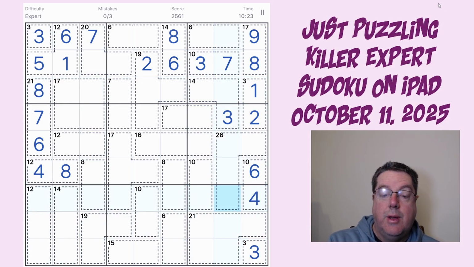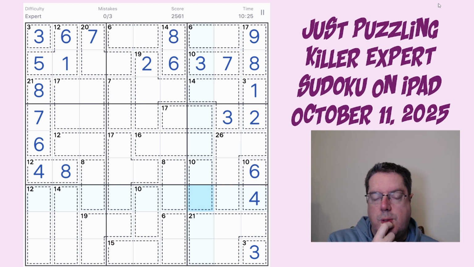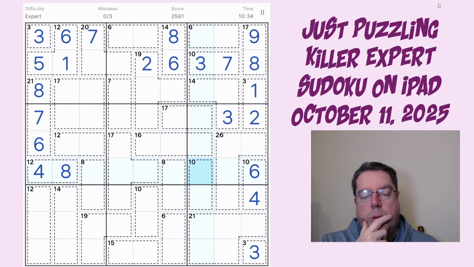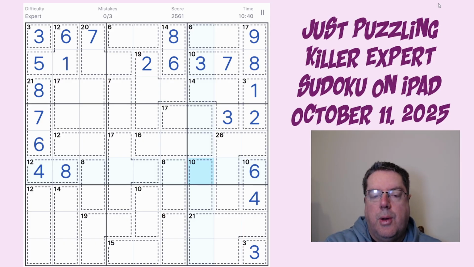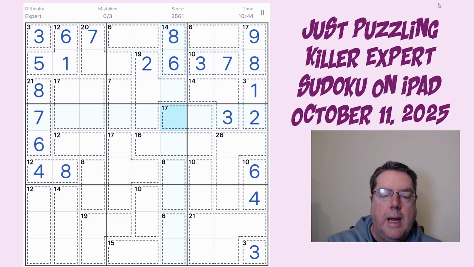So this is actually 17 as well, which is 9 and 8. If that's a 9, that can be a 1, works. If it can be an 8, it can be a 2, it works. There's a lot of ifs, buts and maybes at the present time. So, 17, 8 can't be there, so that's an 8, leaving that to be the 9.